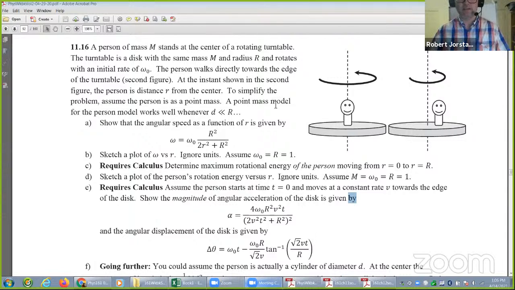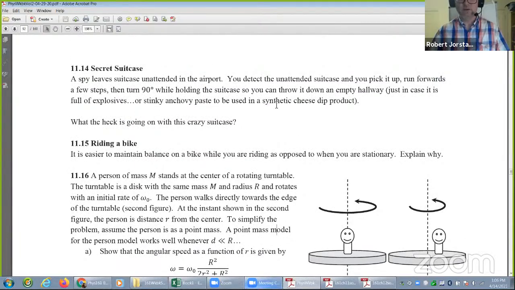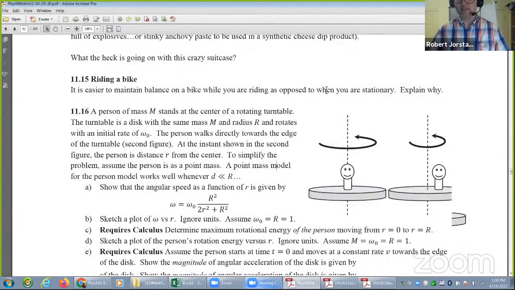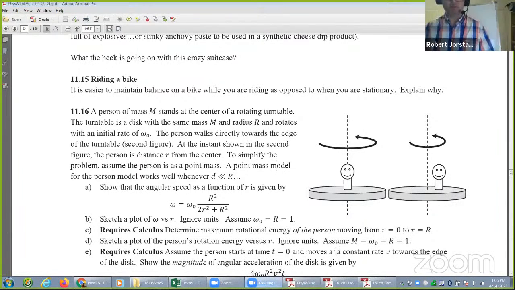This is on page 92, problem 11.16. Go for it. Do we have to solve it? Just try to solve it and talk to people about it while you're doing it, and see if you can get a start on it without looking at the solution. Okay.